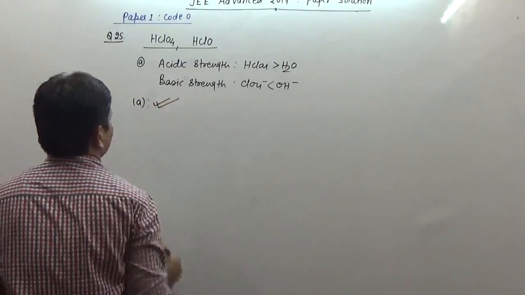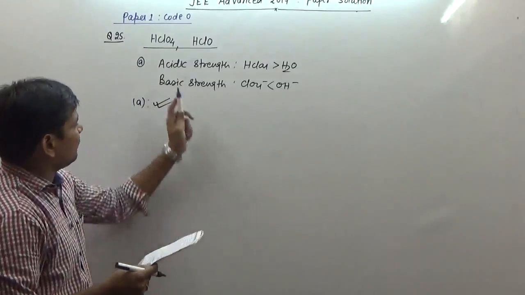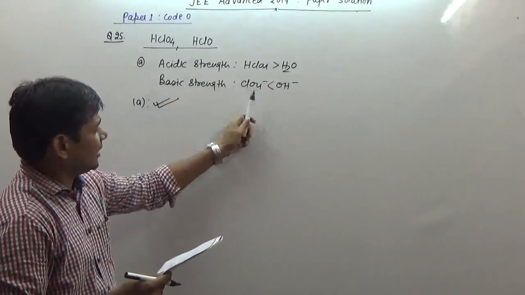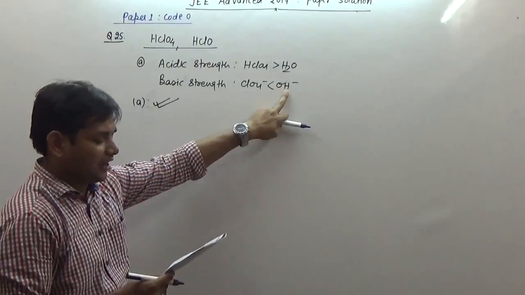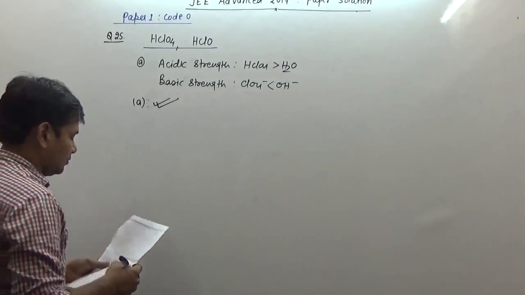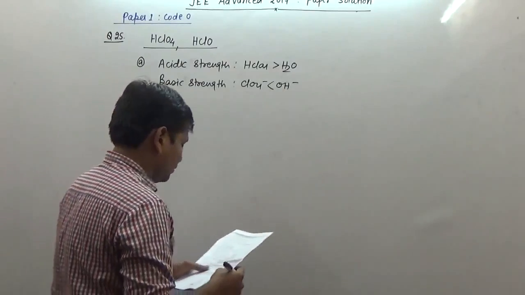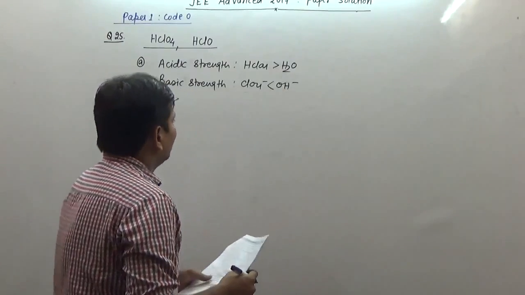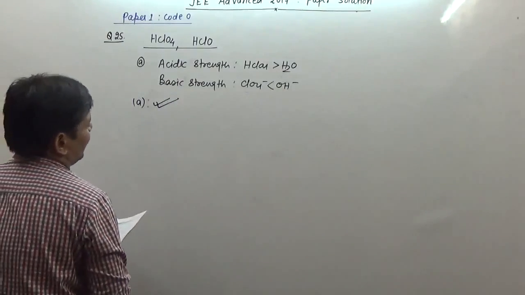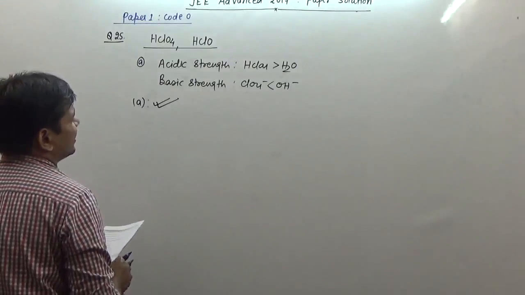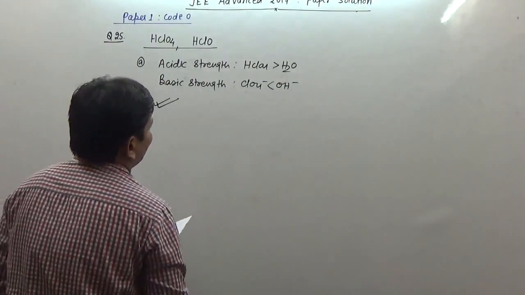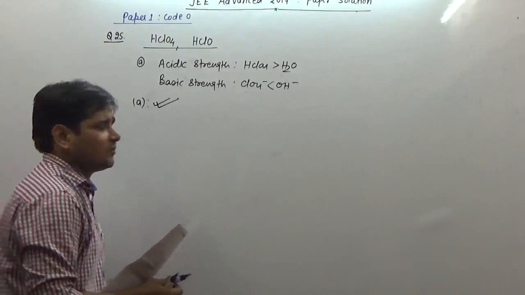A is correct here because it is telling that the conjugate base of HClO4, that is ClO4 minus, will be a weaker base than the conjugate base of H2O. Even from H2O, the basic strength of ClO4 minus will be less.